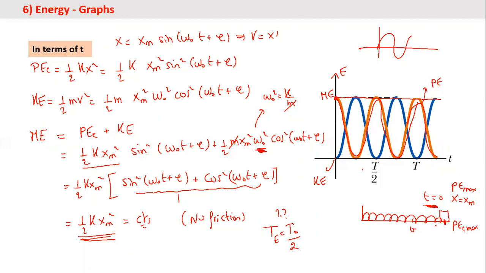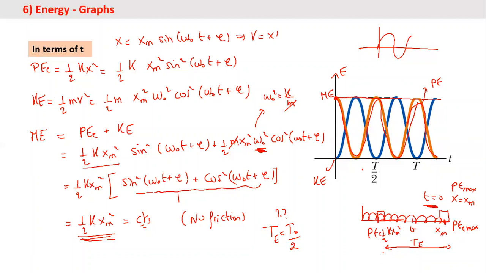So to have one period for the energy, it must return to the value PE maximum. When will it become maximum again? Here, since PEE equals half k minus xm square, which is xm square. So it returned, and this whole interval is the period of the energy. The time elapsed here is the period of the energy.